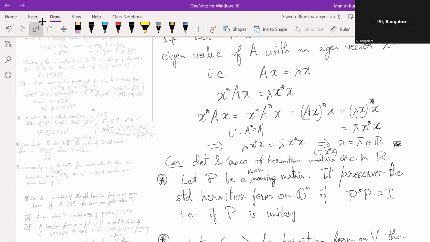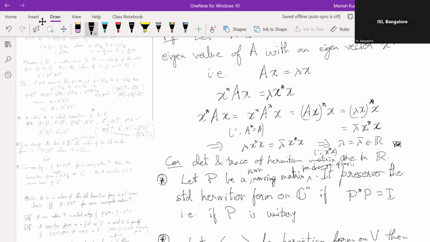Then what it means is that P star P is the identity. So let P be a non-singular n cross n matrix for change of basis. Any change of basis matrix is non-singular.